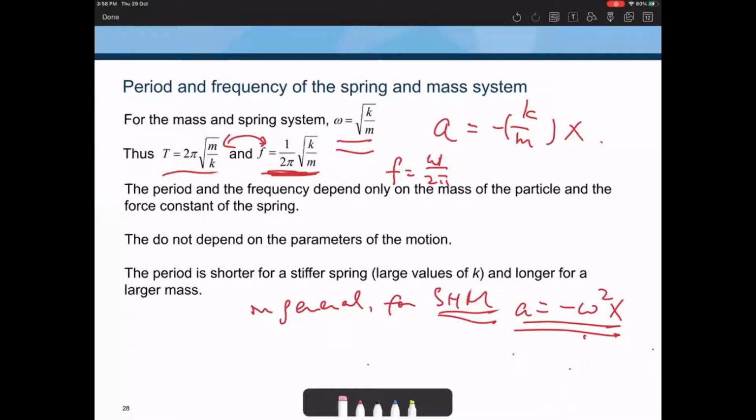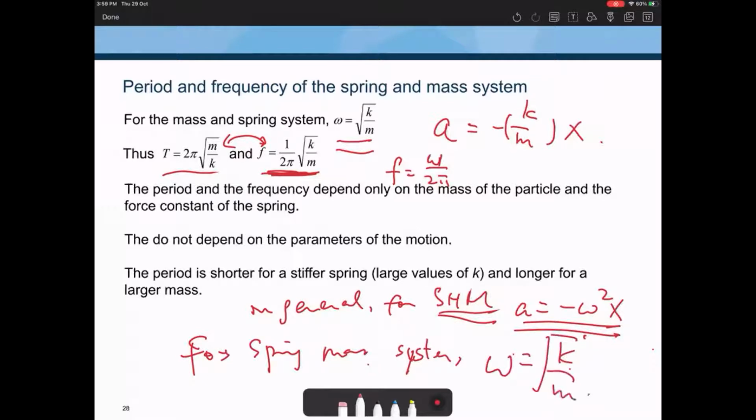For the spring mass system, omega is equal to square root k over m.